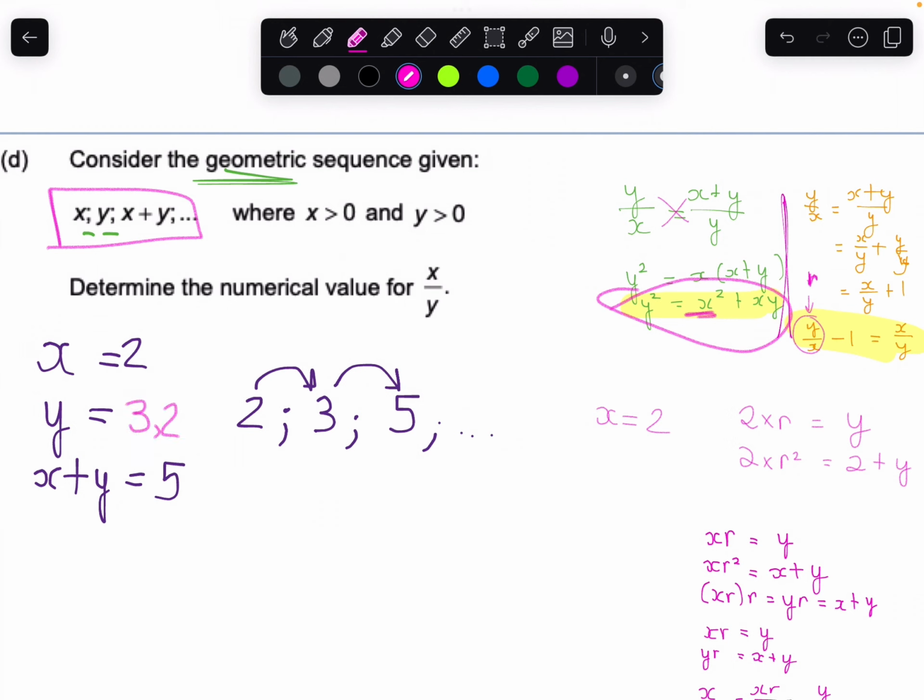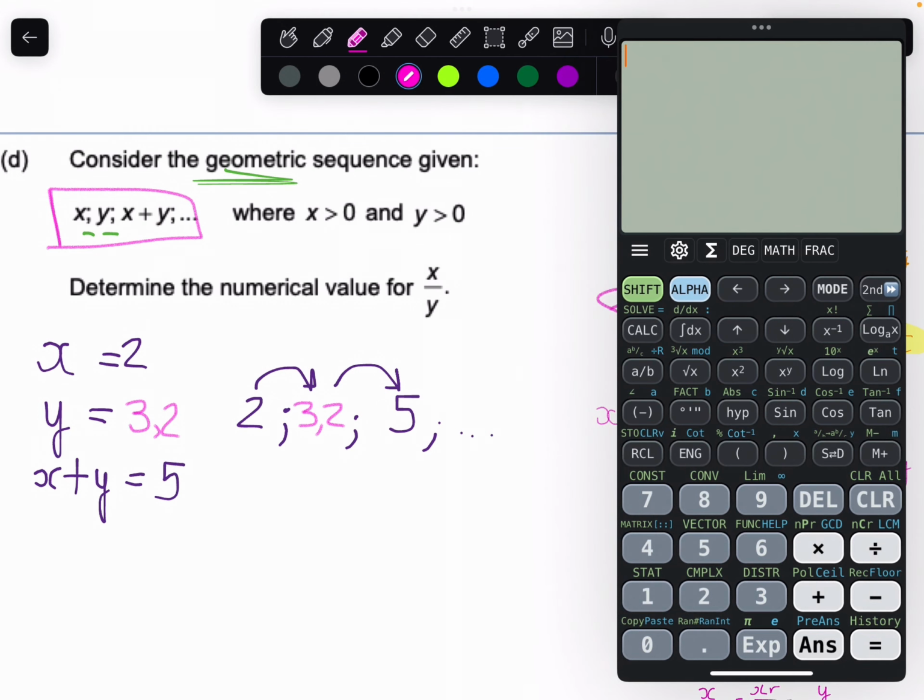3.2 divided by 2 is 1.6. And 5 divided by 3.2 is 1.5625. So this became too big, right? So we want to make it a bit smaller so that this is a bit smaller and this is a bit bigger.